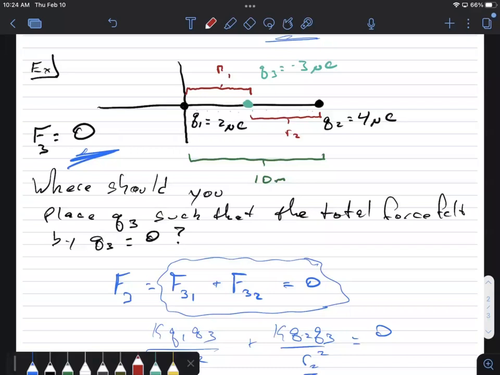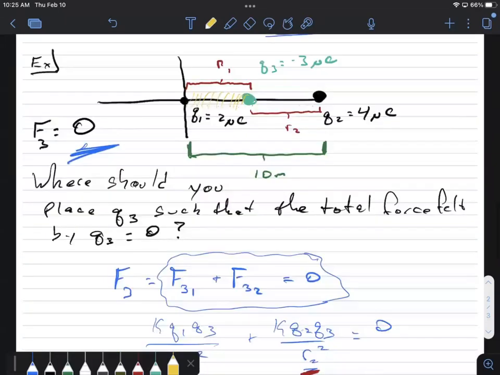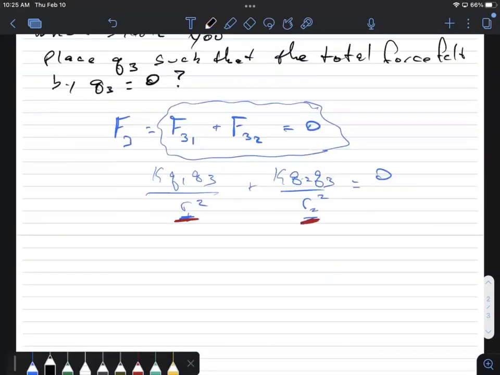And here's how you do it. You say, look, if I want to know the distance from 3 to 2, which I'm calling R2, it's the same as saying it's the total distance of 10 from 1 to 2, but then I subtract off this much of it. Another way of looking at it is like this.